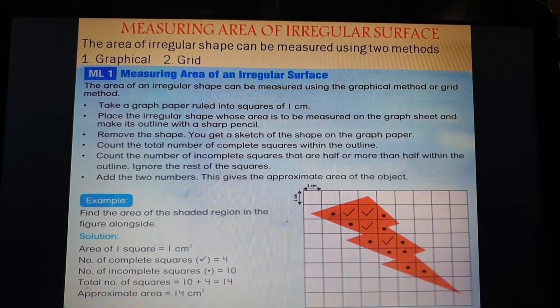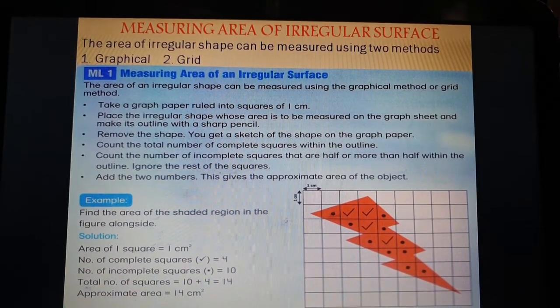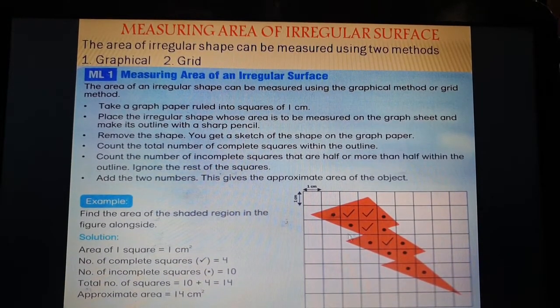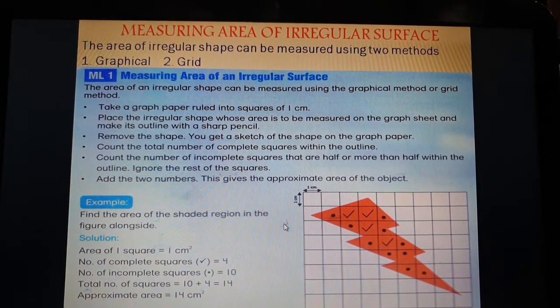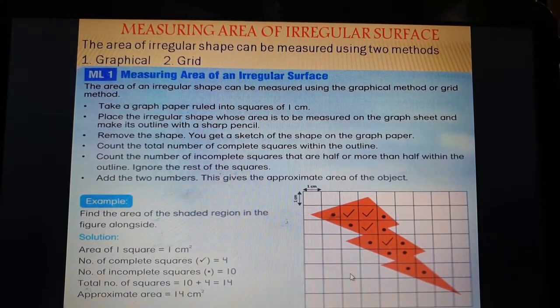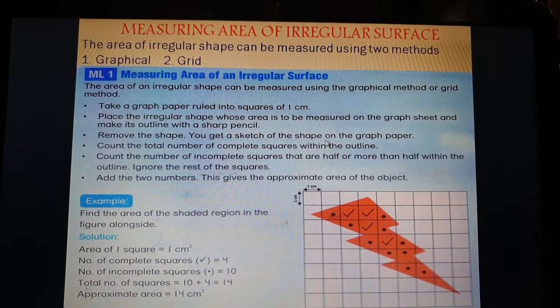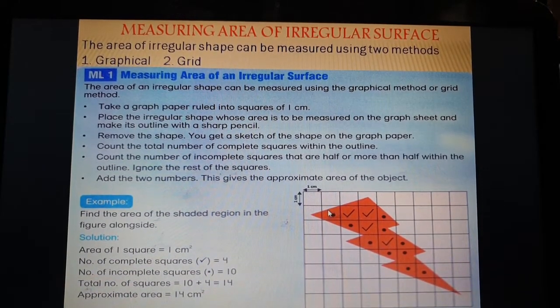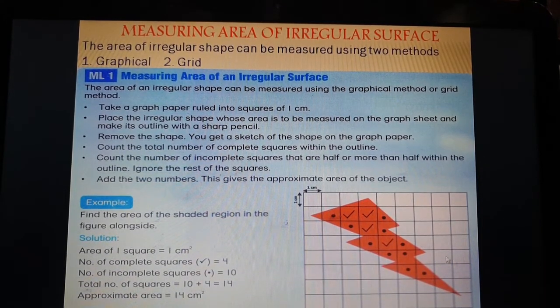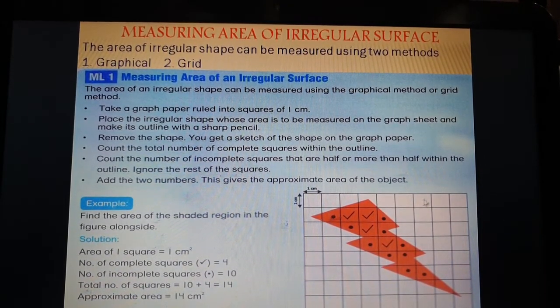This is only for irregular shapes, not for regular shapes like a square, parallelogram, or a triangle. This is the first method of finding the area of an irregular shape, the graphical method.